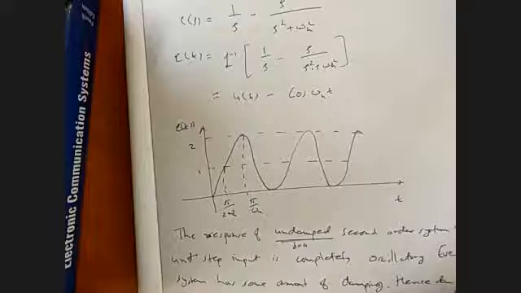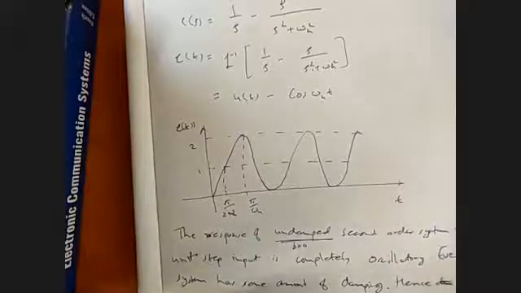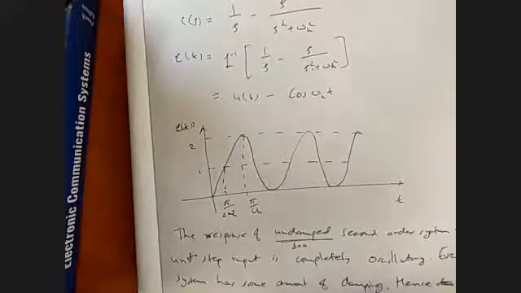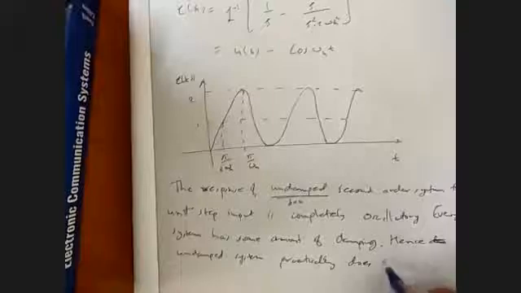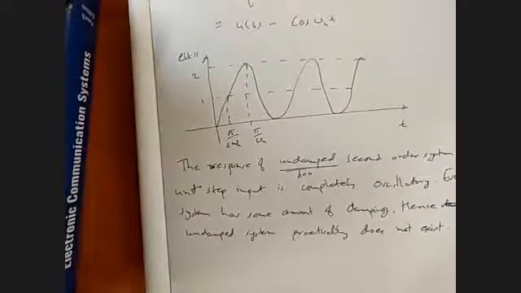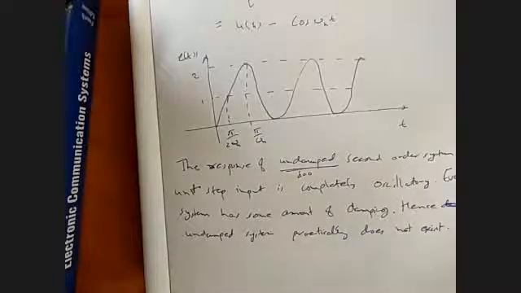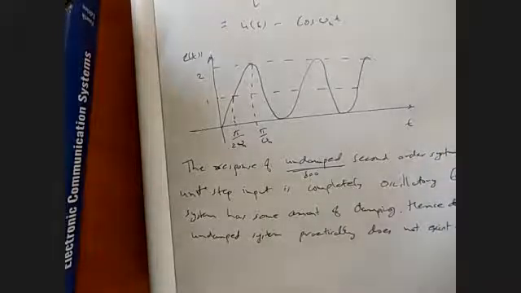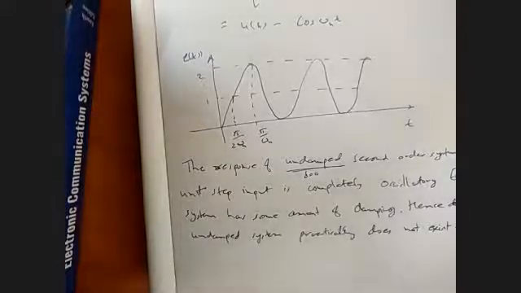Hence, an undamped system practically does not exist. Because it is not possible that we don't have any damping in the system. So, because damping is always present in the system, we will always consider that there is no system which will have delta equal to 0.